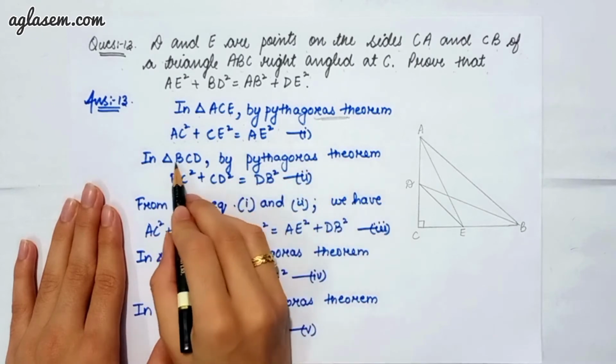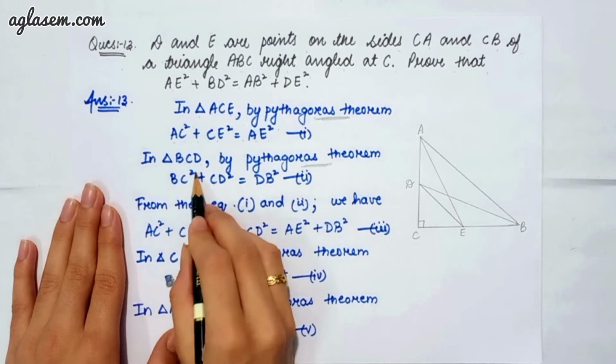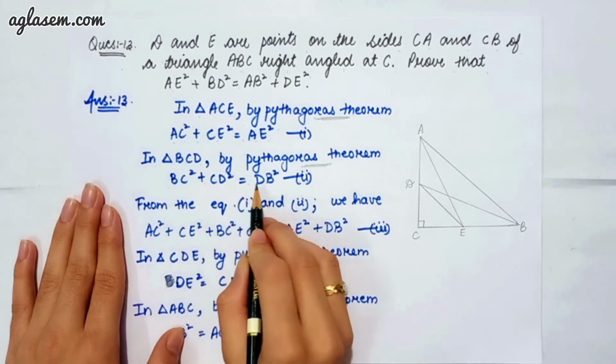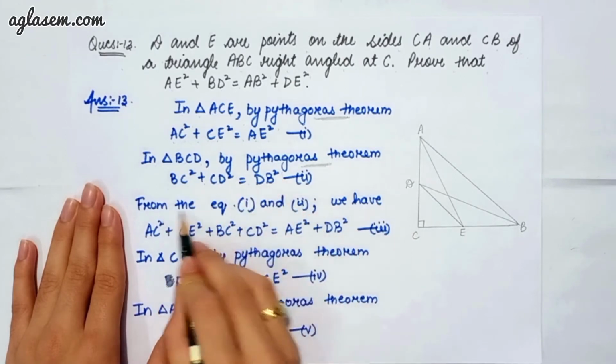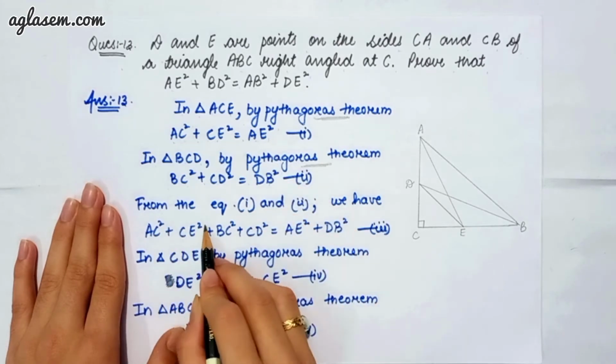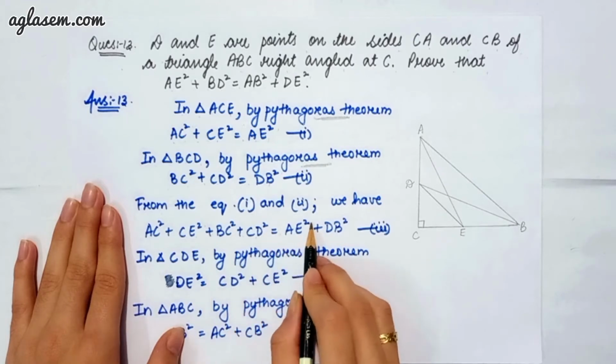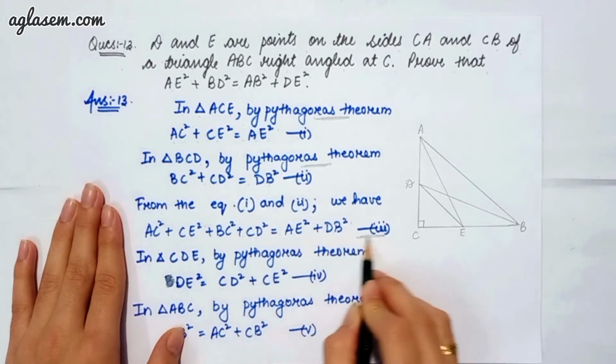And in triangle BCD, again we apply Pythagoras theorem, that is BC square plus CD square is equal to DB square. And from these two equations we have AC square plus CE square plus BC square plus CD square is equal to AE square plus DB square. That is the third equation.